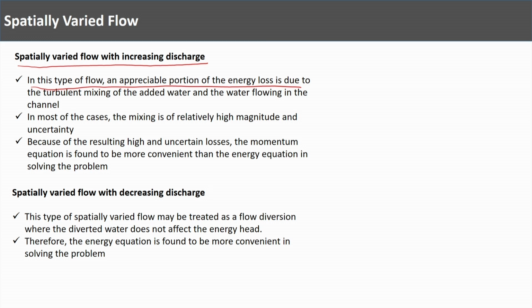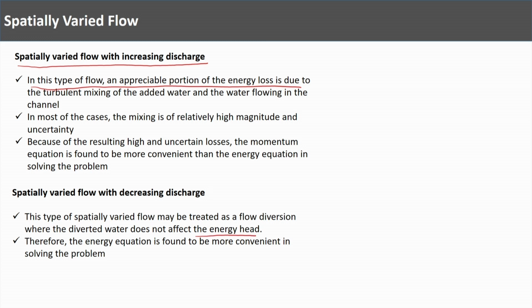But in the case of spatially varied flow with decreasing discharge, the energy equation is more suitable. This type of spatially varied flow may be treated as a flow diversion, where the diverted water does not have an effect on the energy head. So, what is happening?